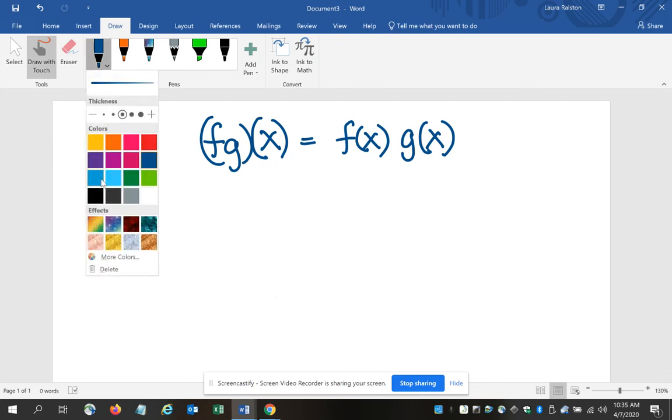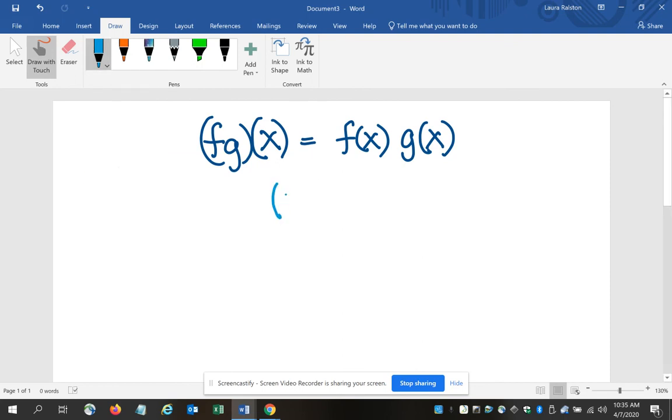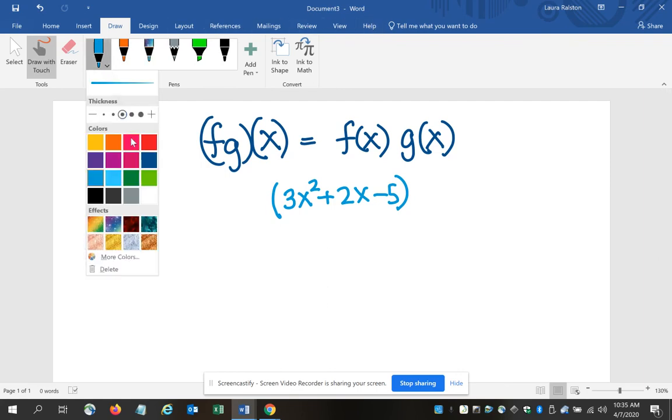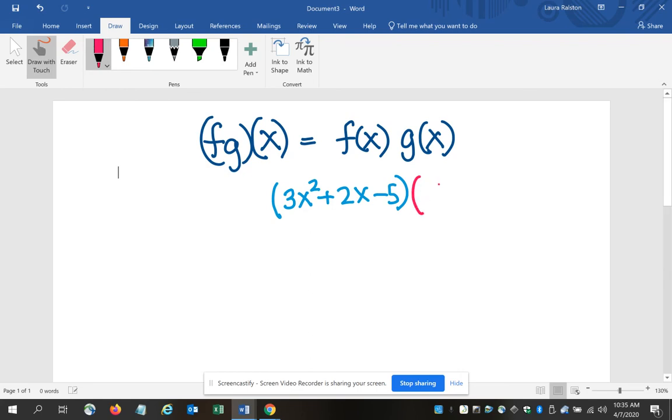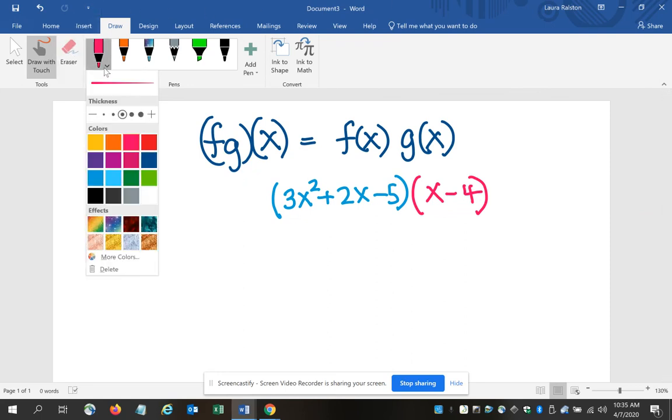So function f was given to me in the problem as 3x squared plus 2x minus 5. Function g was given to me in the problem as x minus 4. And then I'm going to multiply those two results together.